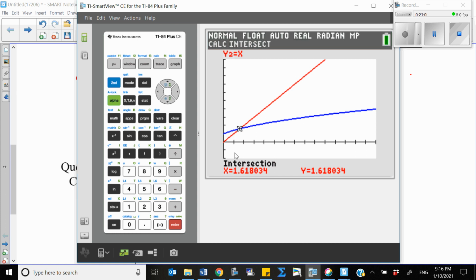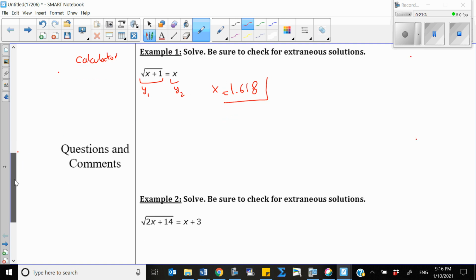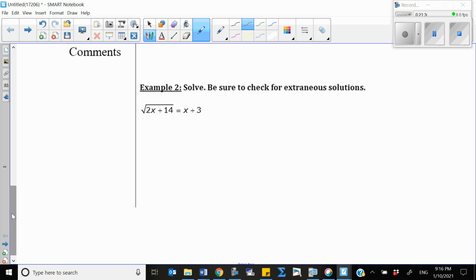And it's going to give me the intersection, which is 1.618. So x is equal to 1.618. I'm just going to write the 3 decimal numbers. So that's my answer.